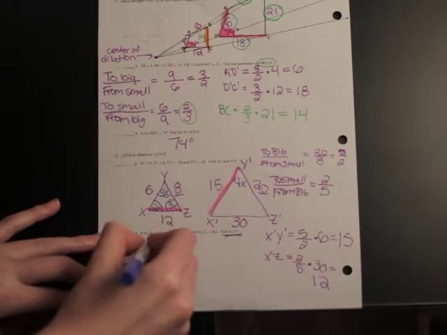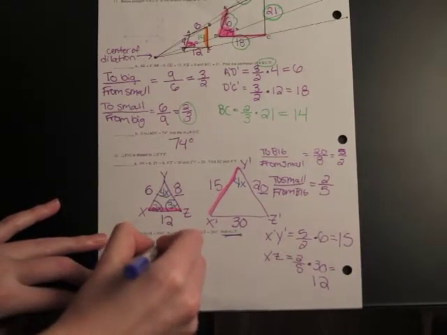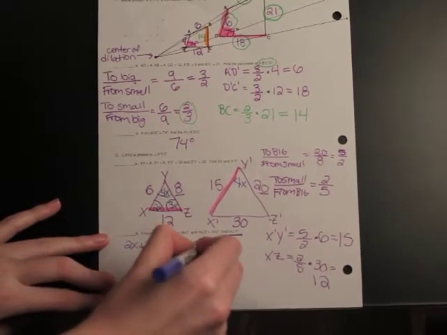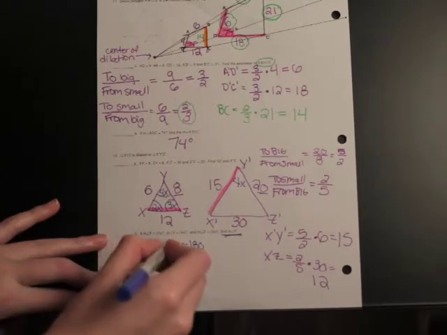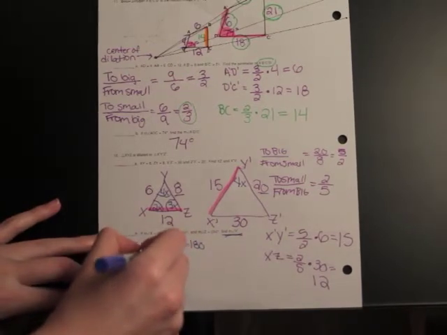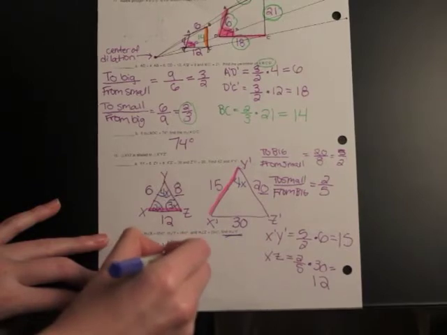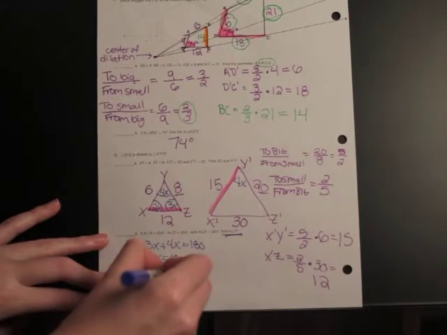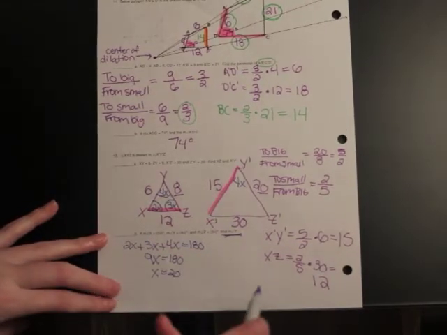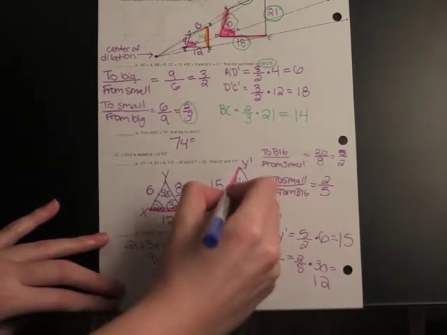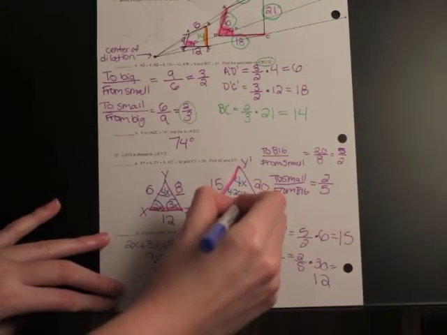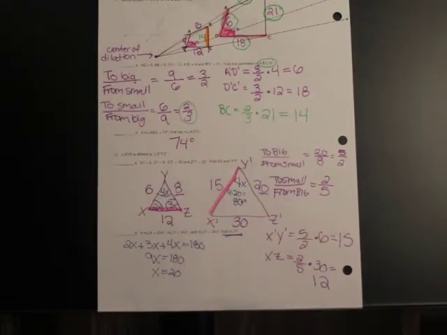That's 2x plus 3x plus 4x equals 180. Combine like terms over here. 4, 5, 6, 7, 8, 9. 9x equals 180. Divide both sides by 9. And we get x equals 20. All we have to do is substitute that in up here. 4 times 20. And that's going to be 80 degrees. So that solves our problem.